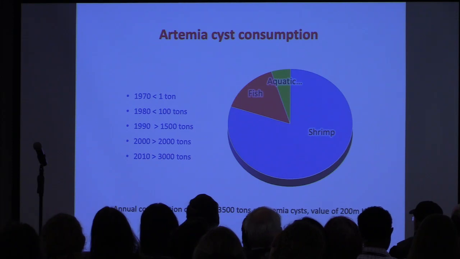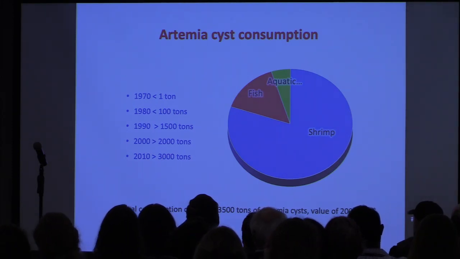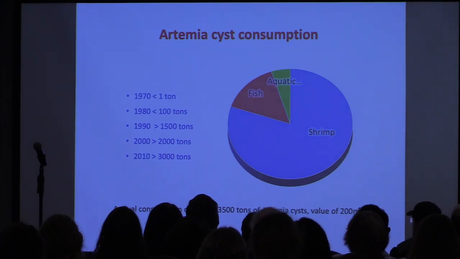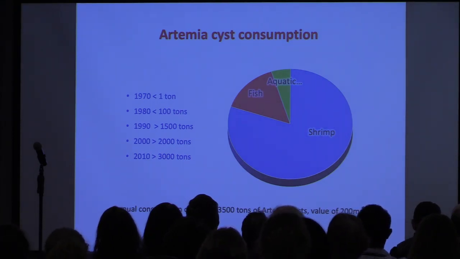Business aquaculture, as you have seen in that graph, has gone up to now over 100 million tons per year in total, but I'm referring to the 10 million tons where Artemia is being used.